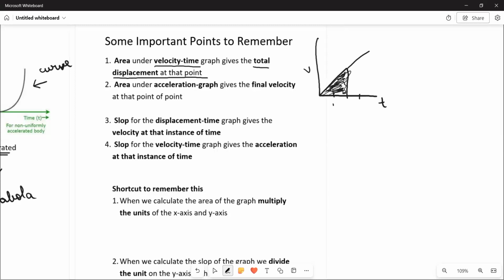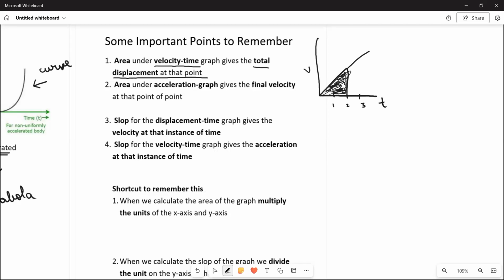So this was our 1 second, 2 second, and 3 second, and we are supposed to calculate the total displacement covered by the body in this time frame of 2 seconds. So we'll calculate this area, and calculating this area will give us the magnitude of the displacement which the object will cover in 2 seconds.